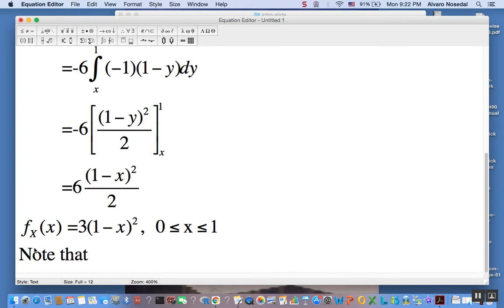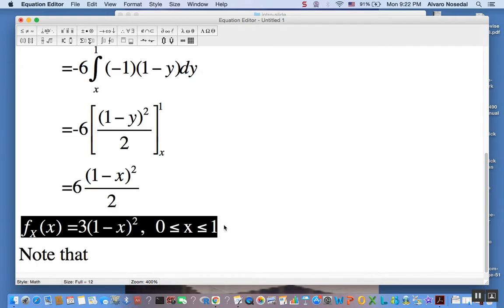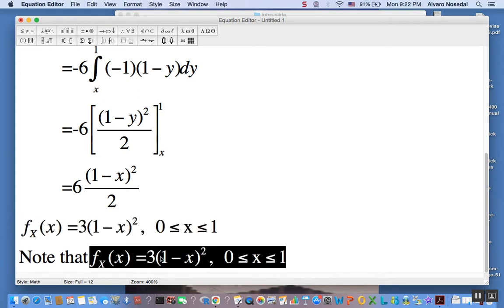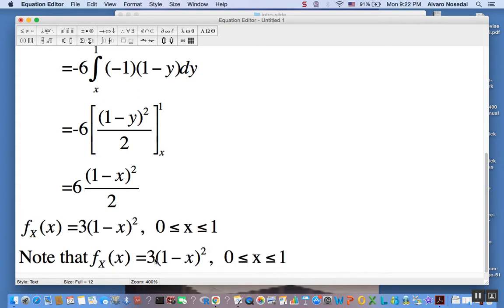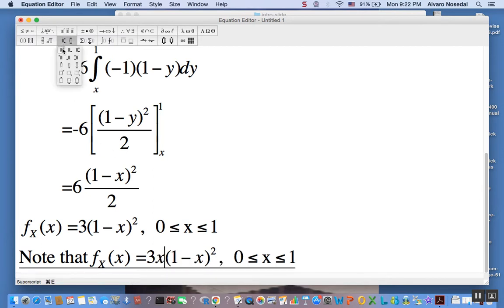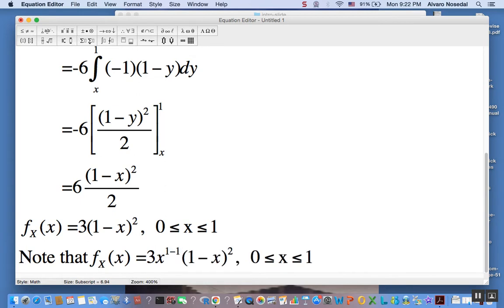So, let me just say something. Note that, and when I'm done doing this, you'll see exactly where I'm going. Note that x to the 0 power is the same as 1. So if I had x to the 1 minus 1, and 1 minus x squared is the same as 3 minus 1. Interesting.